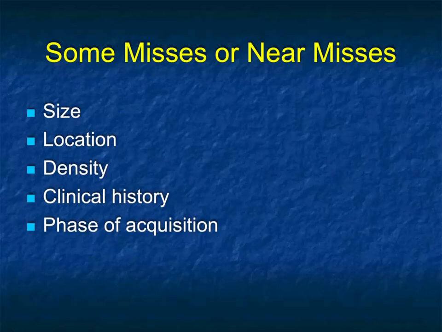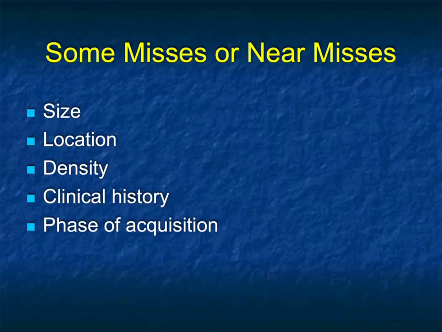So when I think about misses or near misses, when I see the cases that come to a multidisciplinary conference and realize they had outside CT 6 to 12 months ago, and in retrospect, the tumors were there, the things I notice are size. No one's going to miss a 5-centimeter mass, but most people are going to miss a 1-centimeter mass.